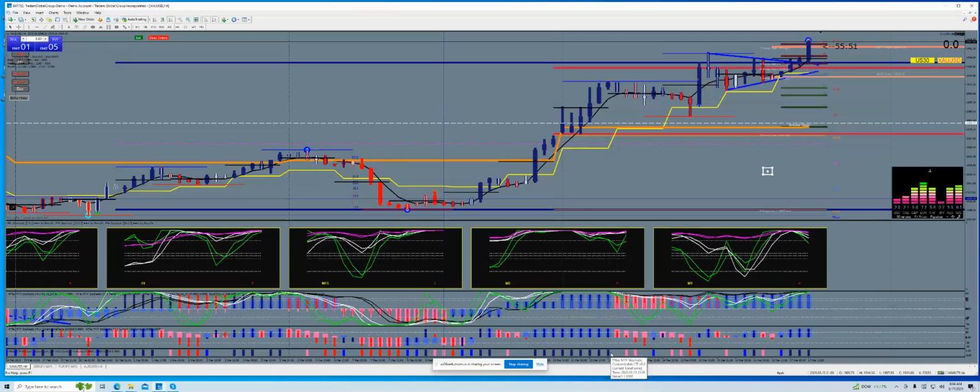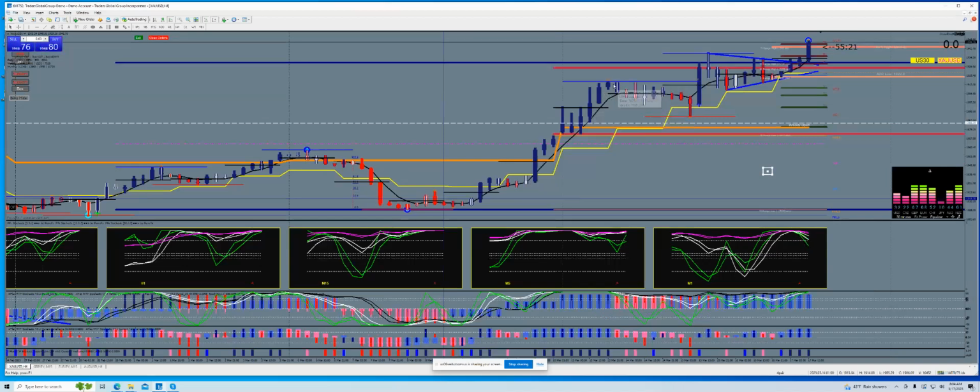So this is my 1-hour, this is my 4-hour, and this is my daily. So when my 1-hour is turning, it should turn gray. So it gives me an indication that if I'm in this trade and my 1-hour is doing a pullback, I need to be out of that trade.